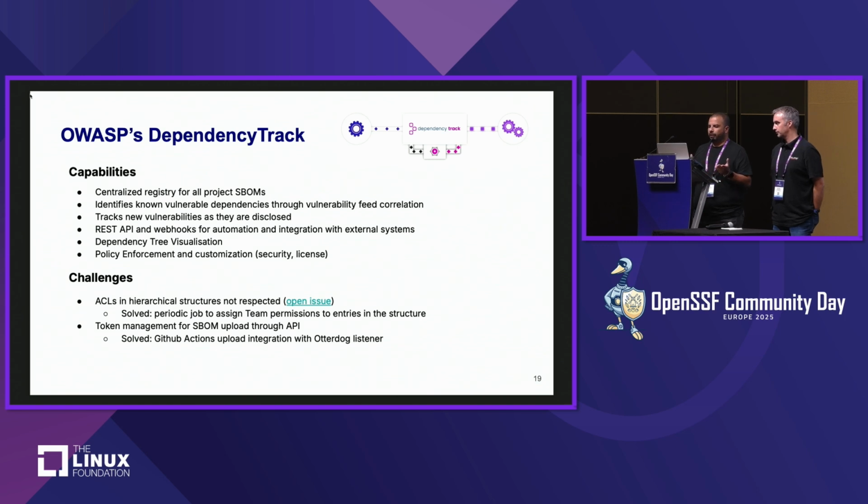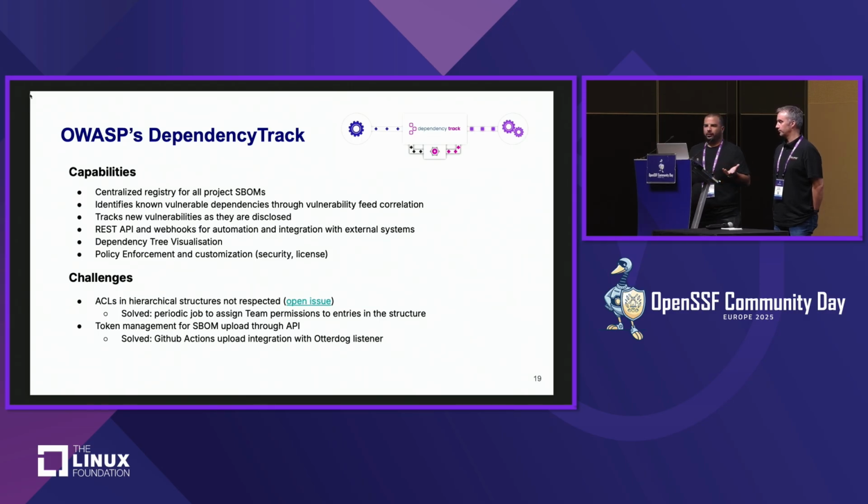And we have the REST API and webhooks that do the automation, which makes it easy to integrate with GitHub Actions and have all the communication between the building process and uploading the SBOMs. And the dependency tree visualization makes it easy for everyone to understand what is going on, even without deep knowledge of SBOMs.